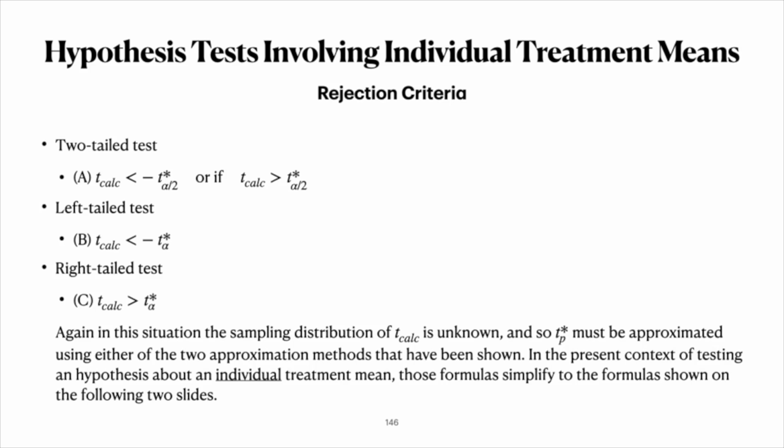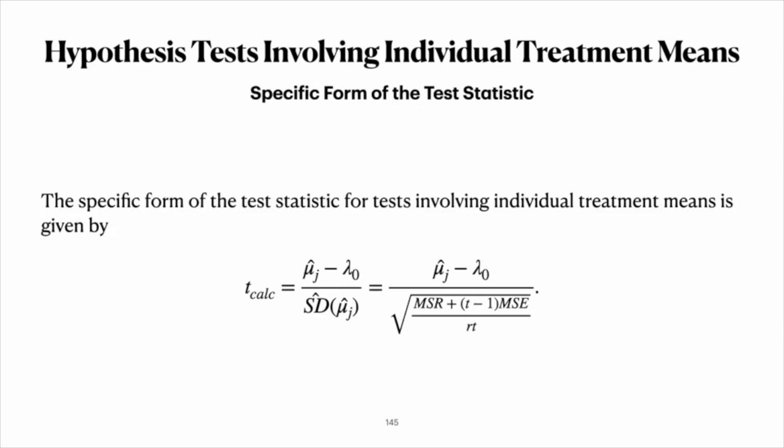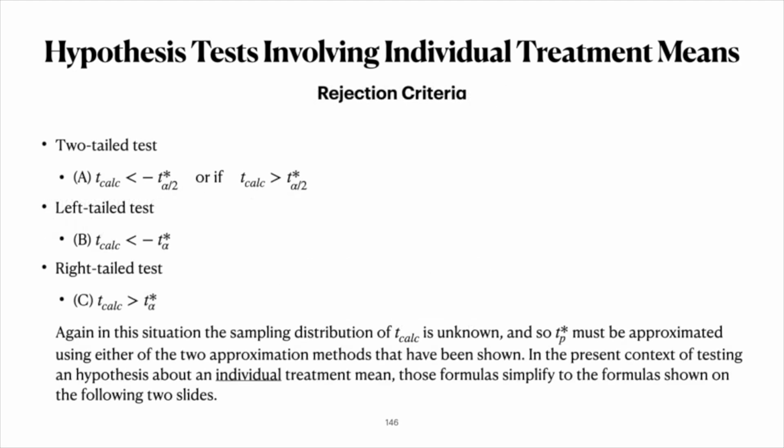Because this is a special case of the more general situation we're looking at, the sampling distribution of the test statistic is unknown. Again, that's because the estimated variance and the estimated standard deviation in this formula involve more than one variance component, more than one estimated variance.